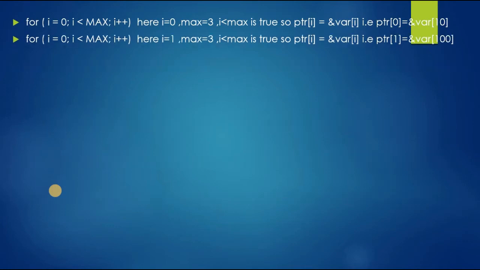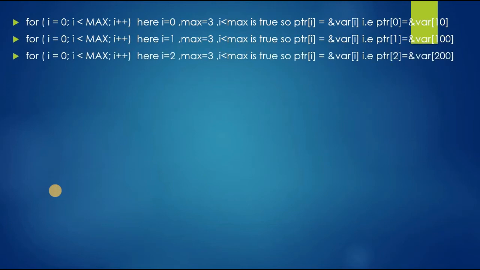Then the second time, i is incremented, so i is equal to 1 now, and the condition is true. So ptr[1], the first address, holds 100. Then again i is incremented and i is equal to 2 now.